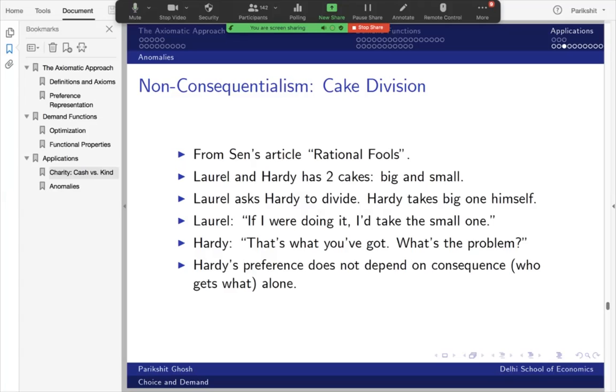When it comes to people's attitudes towards inequality, anybody who cares about inequality cares about others. It's not just being selfish. I'm concerned about how people are doing in the rest of society. But you could care about inequality in two ways.